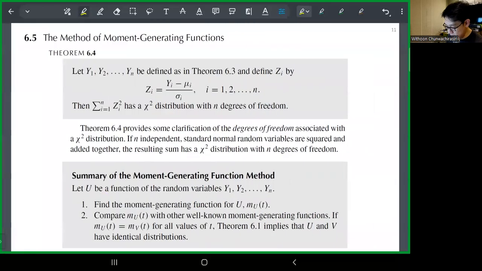All right, but what you have next is a conclusion that we got. So now you have Y1 all the way to Yn, and we already understood that if you build a standard Z, and then you square the Z, we already know that Z squared is chi-square distributed. And the conclusion that we have here is that the sum of those is still chi-square, but with n degrees of freedom.